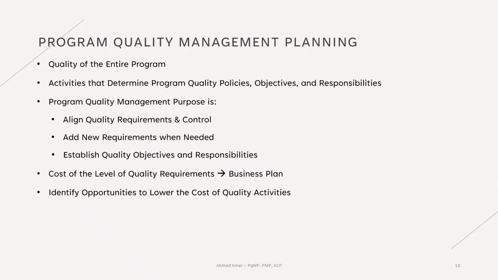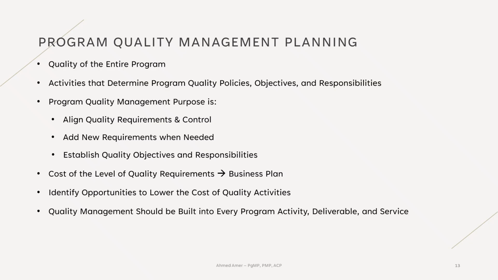The output of this planning activity is the Program Quality Management Plan, which outlines the quality assurance measures, quality controls, and inspection methods based on the program scope. Quality management should be considered when defining every program activity, deliverable, and service.